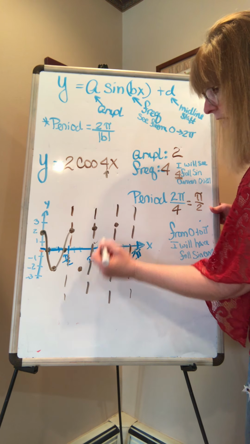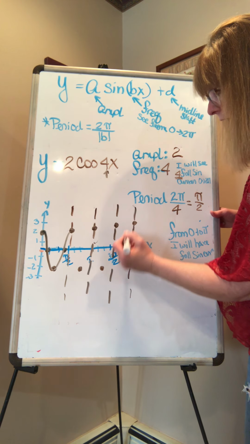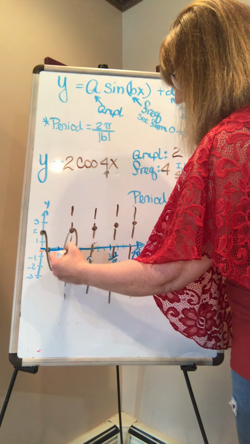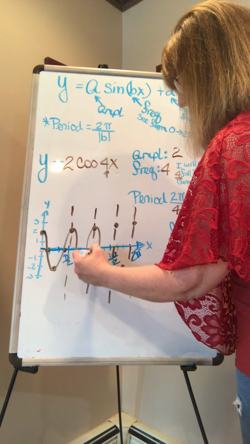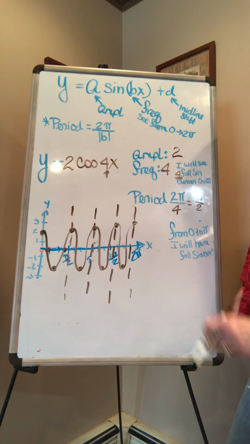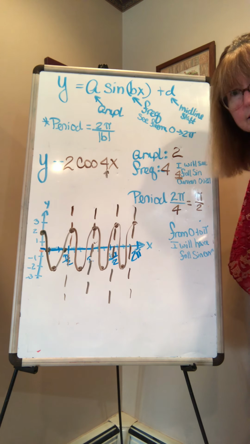And in between that are my zeros. And you try to make a nice fluid curve. And there you have the graph of 2 cosine of 4x.